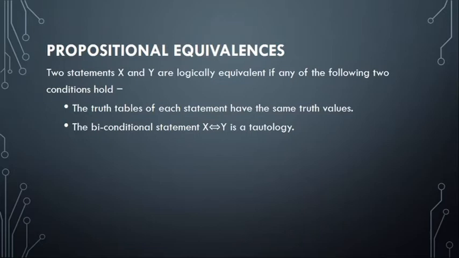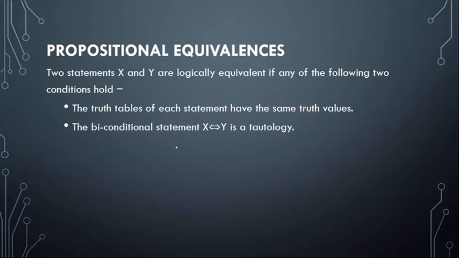So again, propositional equivalence: two statements or two propositions X and Y are logically equivalent if either of the following two conditions holds. The first condition is that the truth tables of each statement have the same truth values.